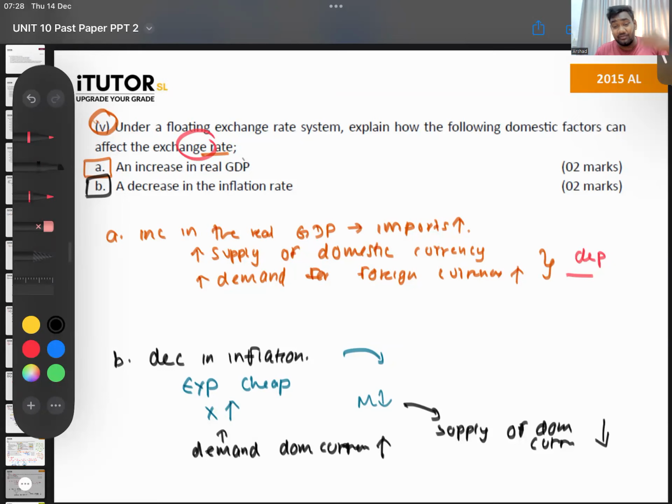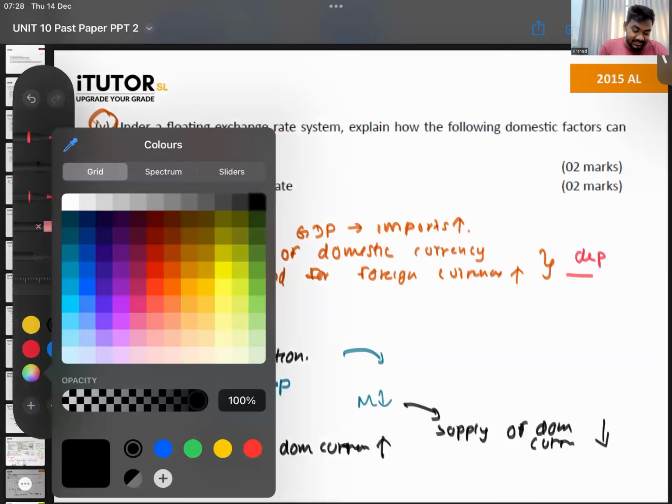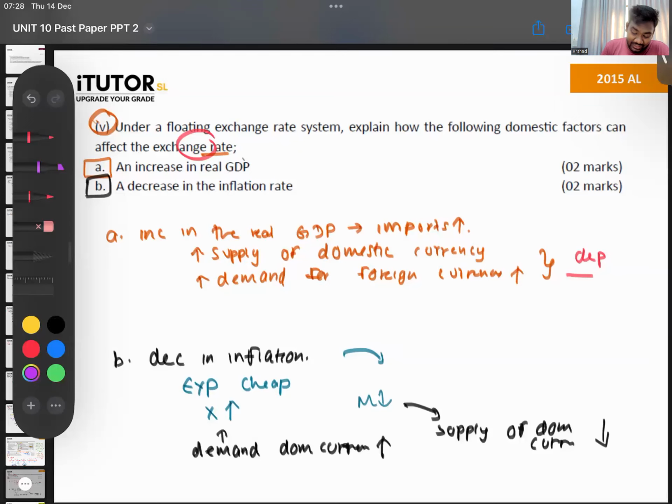More and more of your money is being demanded because they have to pay you. What happens to your exchange rate then? Does it appreciate or depreciate? Your exchange rate will tend to appreciate. So more money is coming in due to exports, less money is going out. So the exchange rate appreciates.